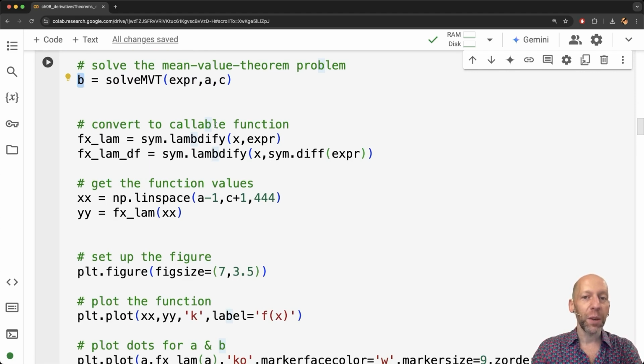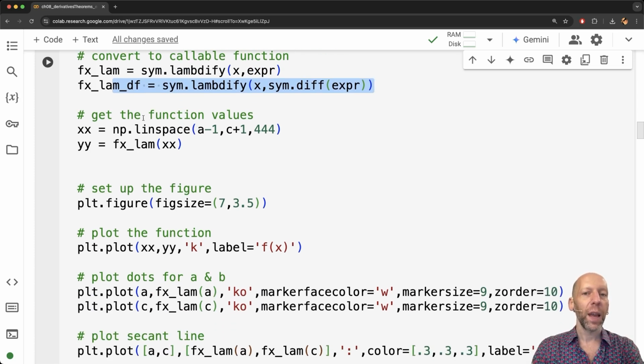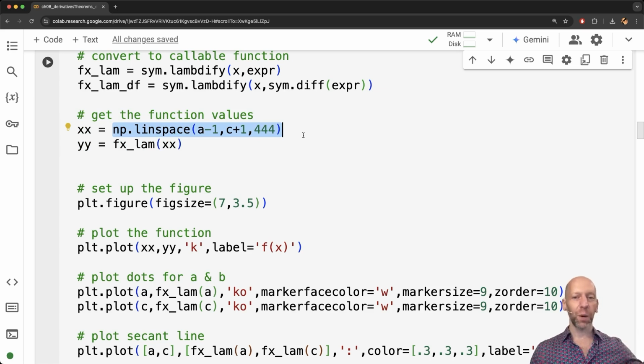I'm converting the expression into a lambda function so that we can get NumPy arrays out of it in order to plot with matplotlib. I'm also getting the derivative as a lambdified function. Then I'm getting function values, and I'm choosing to use linearly spaced numbers between the first interval bound minus 1 and the second interval bound plus 1.